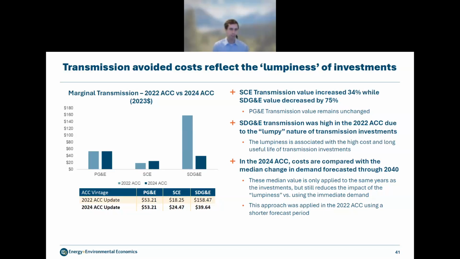So to give a great example of that, the drop in cost for SDG&E was actually something that was expected and foreshadowed in the last workshop 2 years ago for the 2022 ACC cycle.